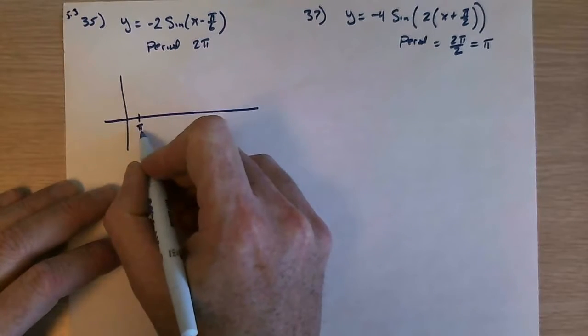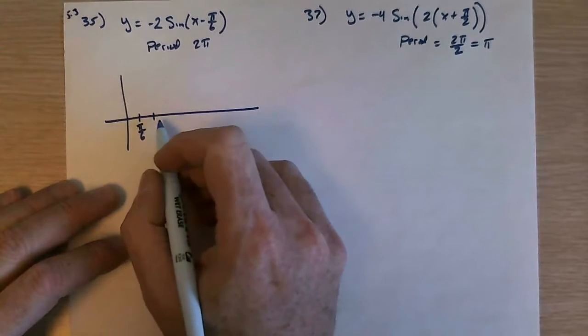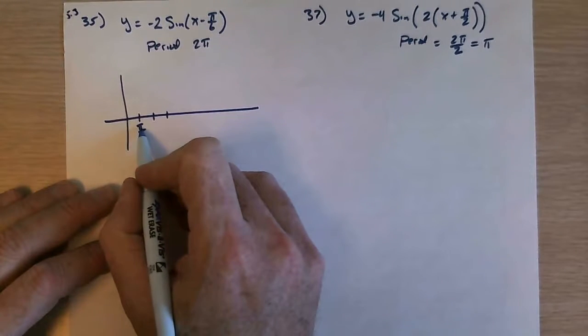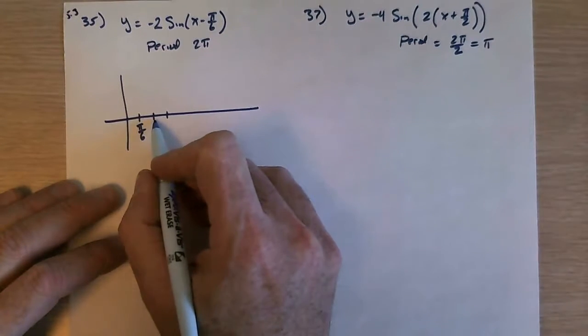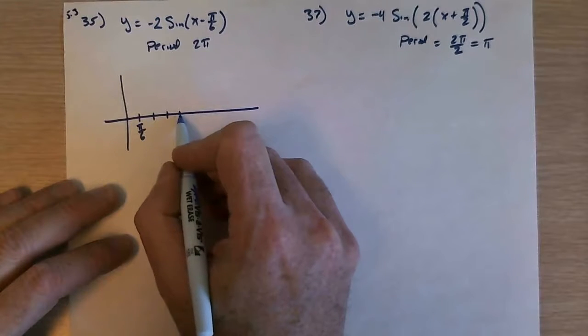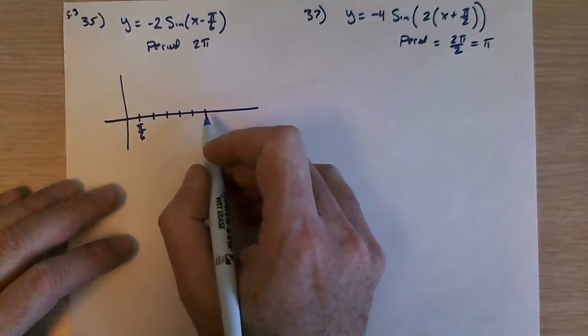But the thing is, whatever it is, if I make my units here in equal lengths, each one pi over 6, this would be 1 pi over 6, this is 2 pi over 6, this is 3 pi over 6. Well, 3 pi over 6 is pi over 2, and there's 4 pi over 6, and 5 pi over 6, 6 pi over 6.